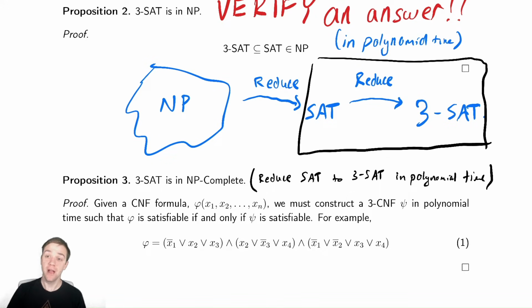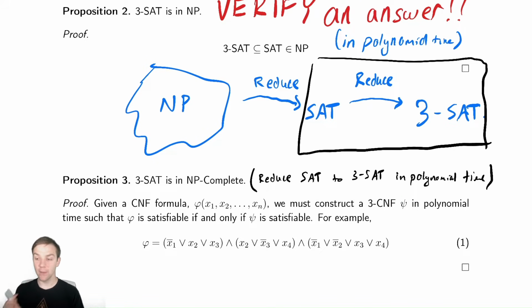For our proof here, I'm not actually going to go through all of the details. It's very tedious. I will provide you guys with a link to a full complete proof if you want it. It's mostly describing the process we do here in some brutally over-the-top explanations. So, given a CNF formula, not necessarily 3CNF, we must find an equivalent 3CNF expression.